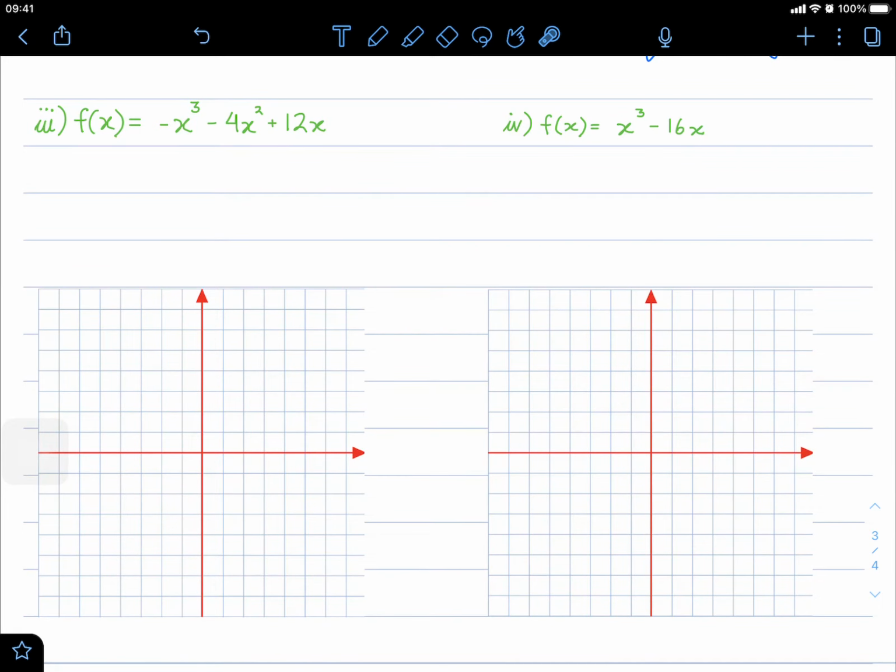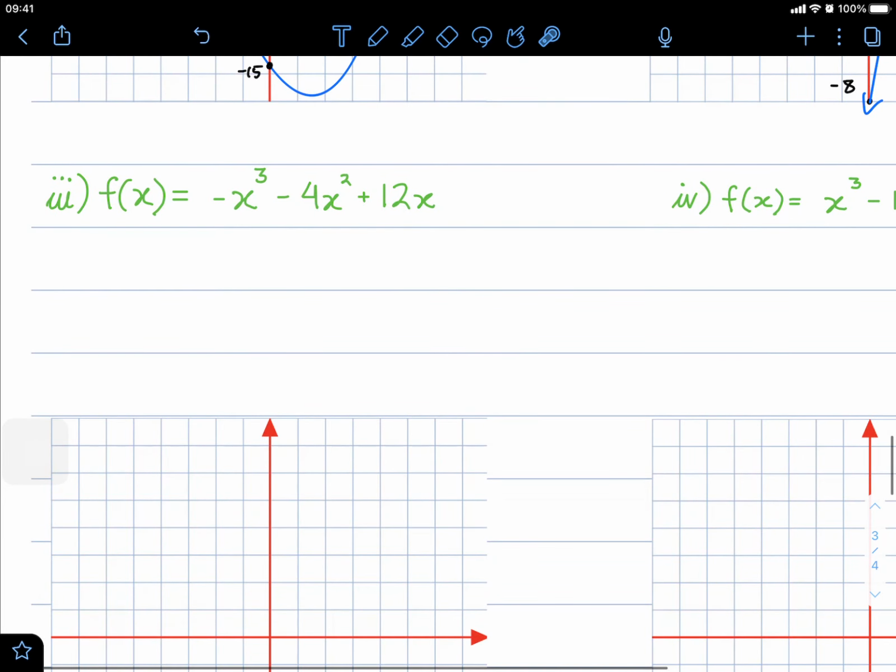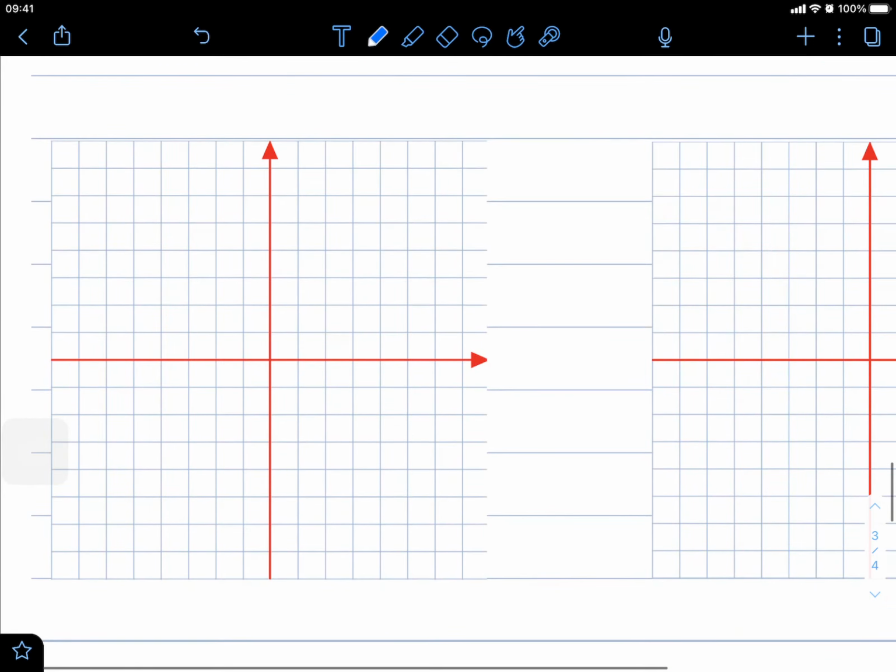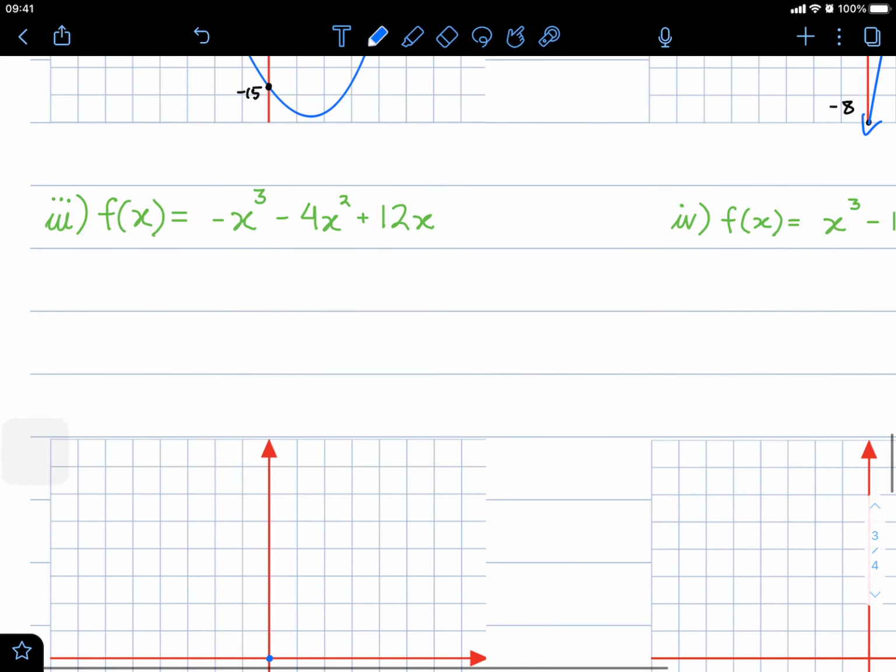So from here, we can see what the y-intercept is. It has no constant term, so we know it's already going to go through the center here. We can figure this out further by factoring. Let's factor out a -x. This will become +x squared, +4x minus 12.